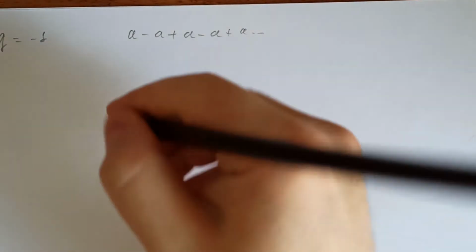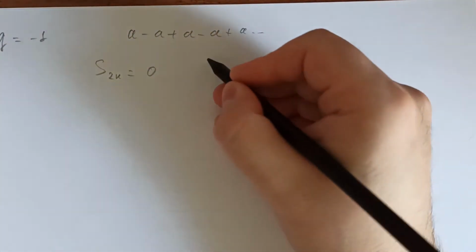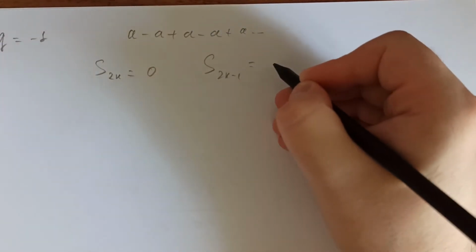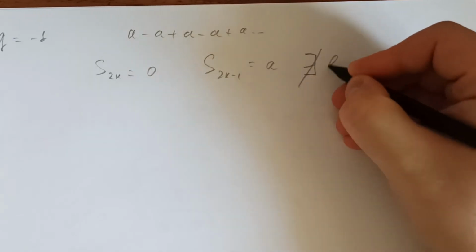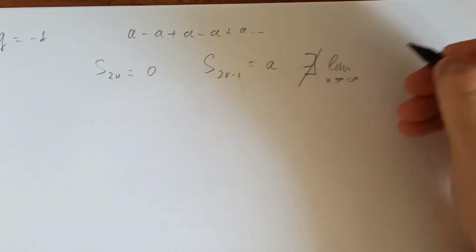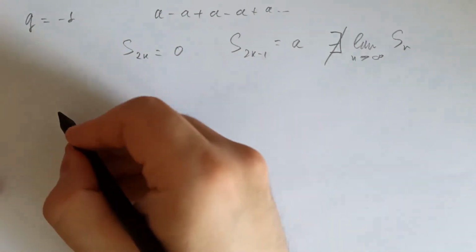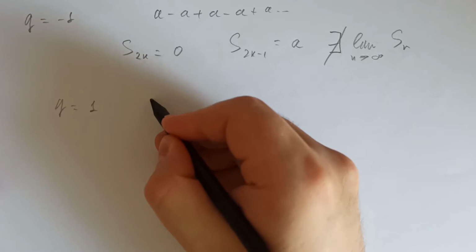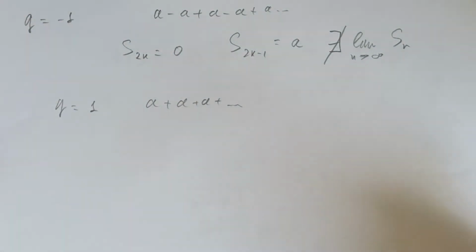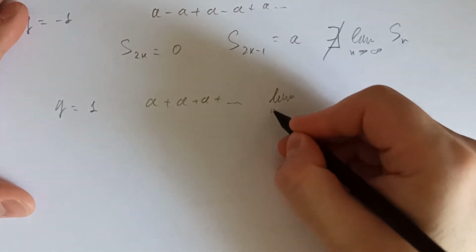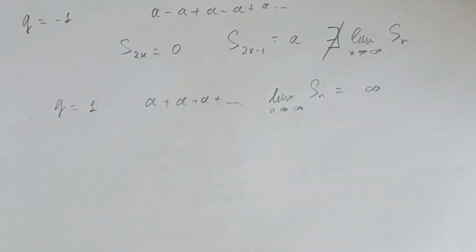So we'll have that S_2k is 0 and S_(2k minus 1) equals a, so the limit as n tends to infinity of S_n won't exist. If q is 1, then we have a plus a plus a plus so on to infinity, so the limit of S_n will be infinite, so the series won't converge.